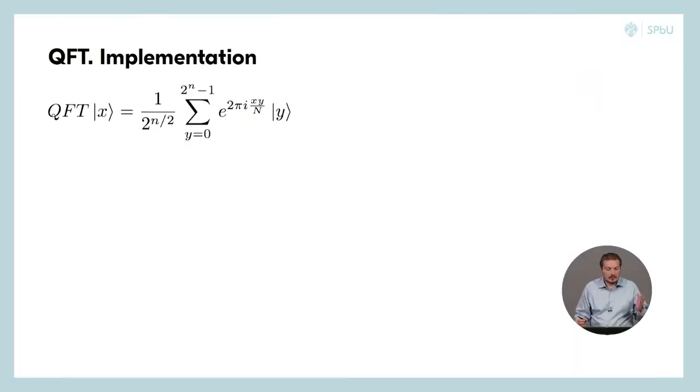Okay, everything is fine with QFT, and now we have to know how much it would cost us to implement it. First, we can see that this part here can be simplified, since an integer number of these 2π's in the exponent gives us 1, so we can keep only the fractional part of this fraction.